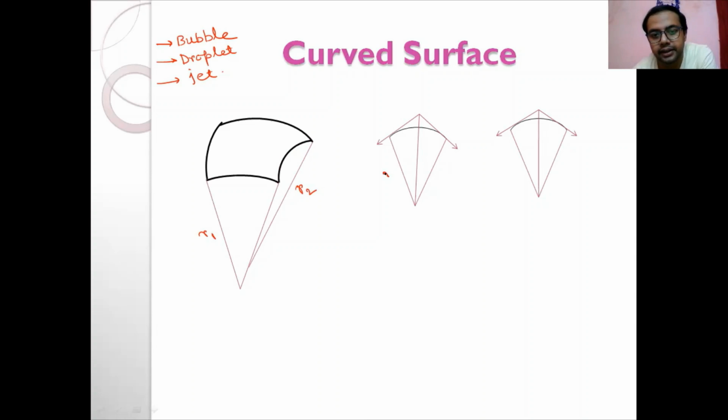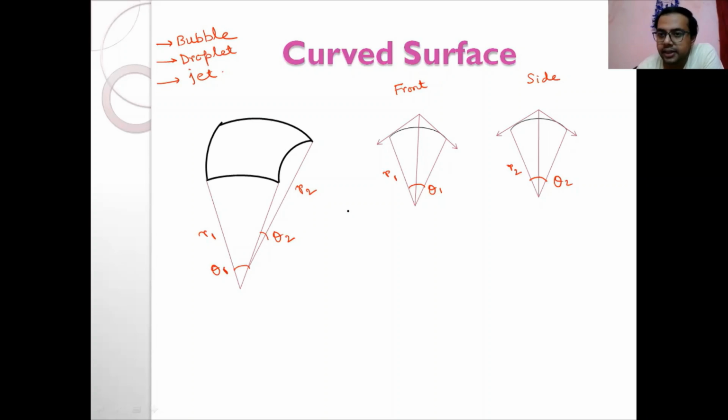Same way we write it here: this is R1, this is R2. And here it makes angle θ1, and on this side it makes angle θ2. It is two views: the front view and the side view of the curve.